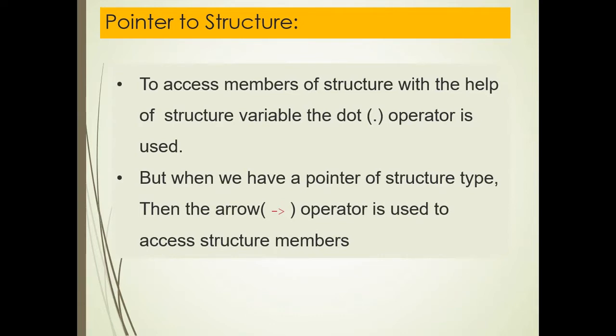To access a member of a structure with the help of a structure variable, the dot operator is used, and when we have a pointer of structure type, then the arrow operator is used to access the structure member.